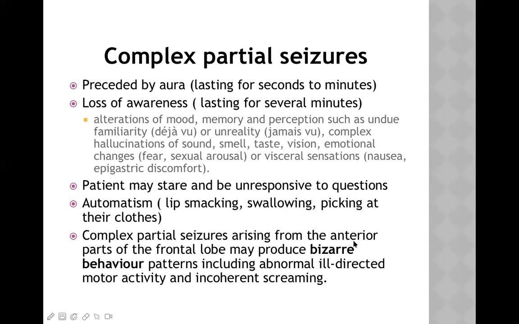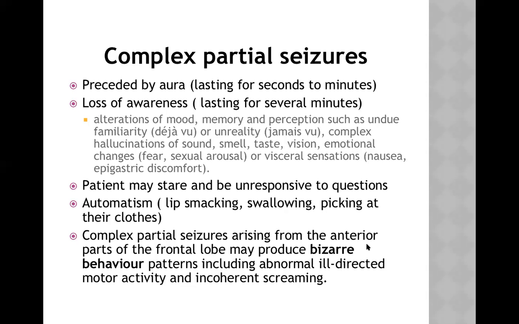Complex partial seizure arising from the anterior parts of the frontal lobe may produce bizarre behavior patterns sometimes. Some examples of these bizarre behavior patterns are ill-directed motor activity and incoherent screaming.